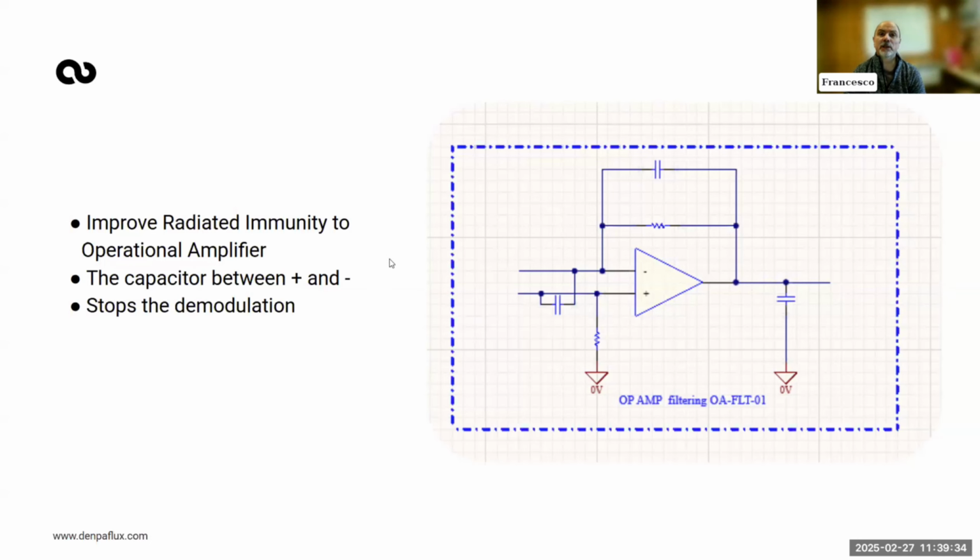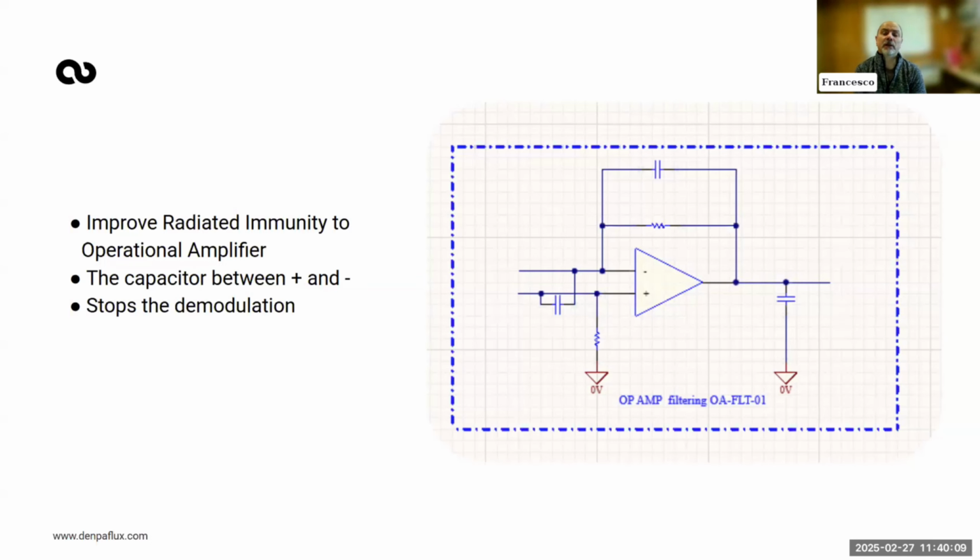Okay. So you need to imagine that at the input of your operational amplifier you have somehow an AM modulated 1 kilohertz signal that gets demodulated. And the demodulation, most of the time, as I said, happens at the positive input of the operational amplifier, and you have a sine wave here. What do I do? I connect a capacitor between the positive and negative inputs of your operational amplifier.